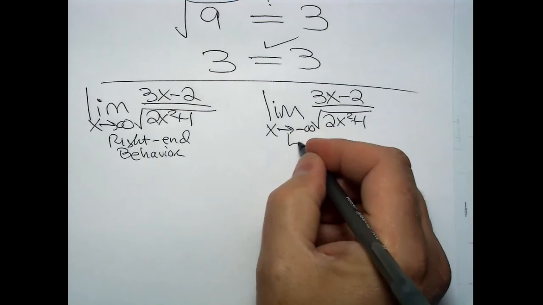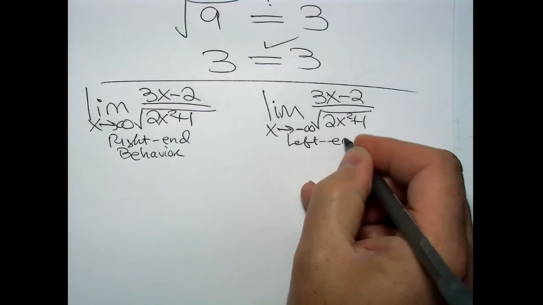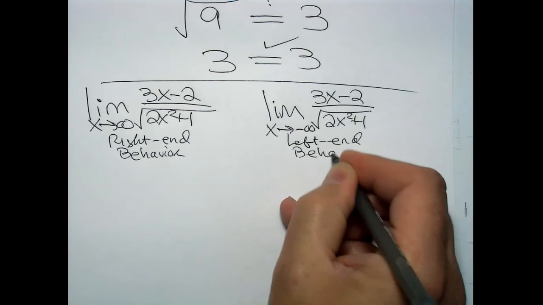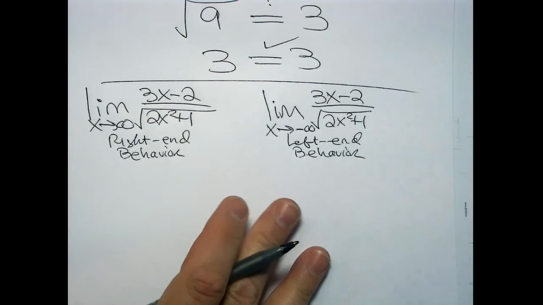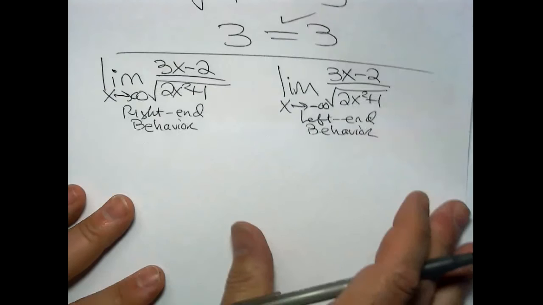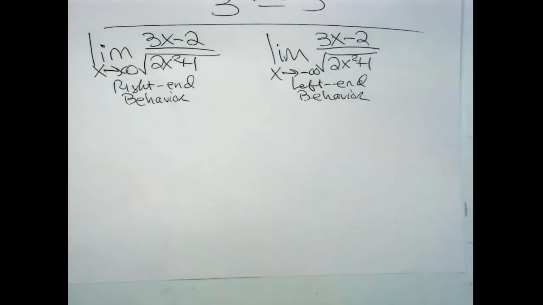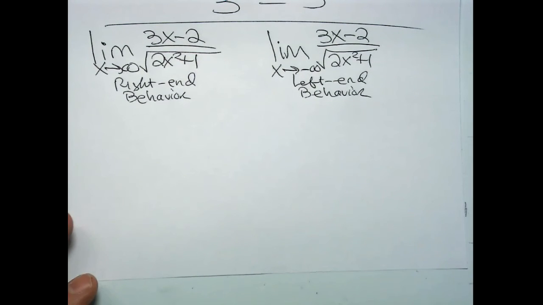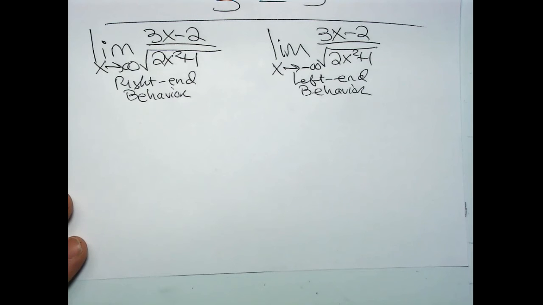And that one will tell me the left end behavior. Now with radicals, I do suspect that these are going to be different. You'll see how they become different, and then we'll graph this function so that we can prove that we really end up with two horizontal asymptotes.